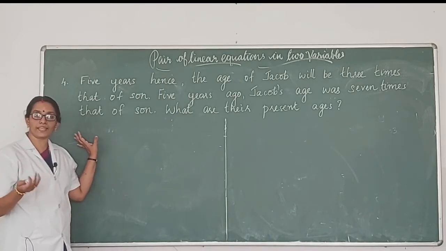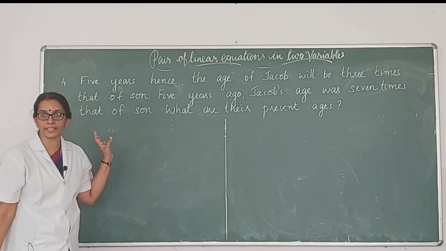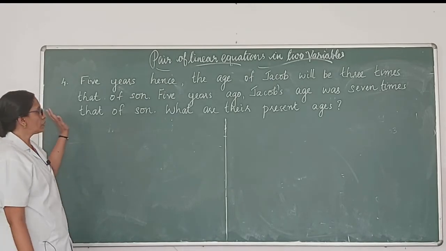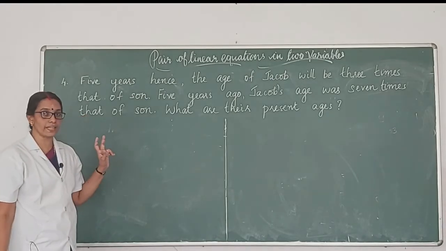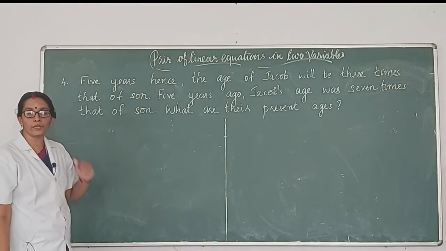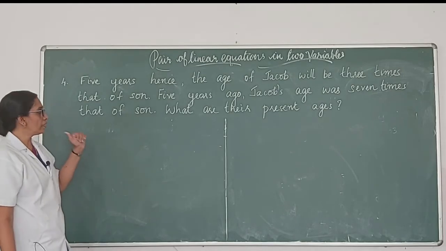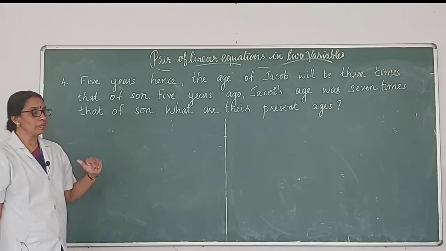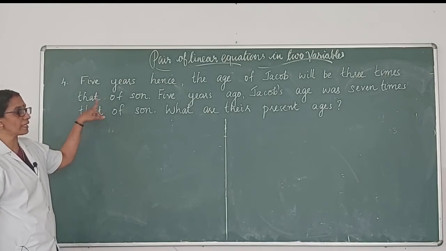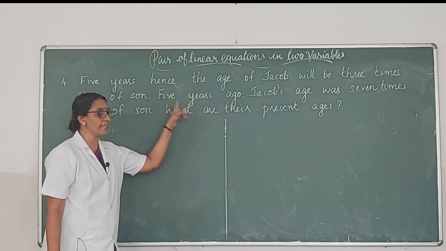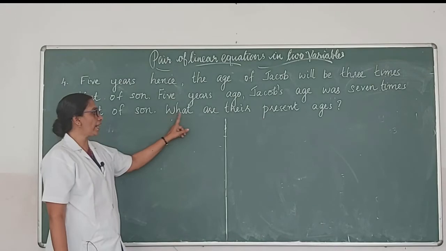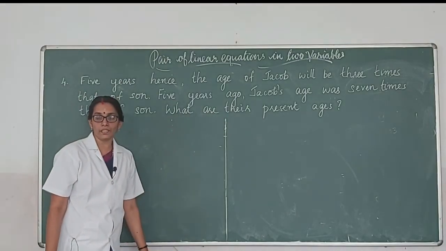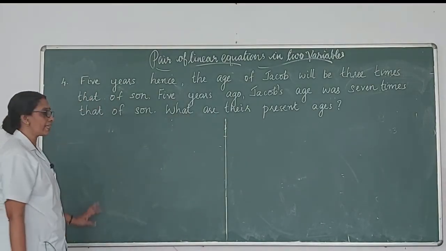You have studied age problems from 8th standard itself, isn't it? So here you have to read and understand the question properly, then frame the equations. The question is about the ages of Jacob and his son, and we have to find their present ages. So we have to assume their present ages.